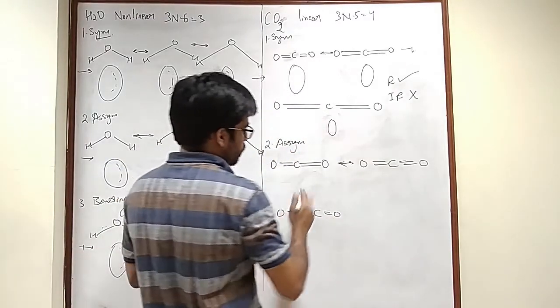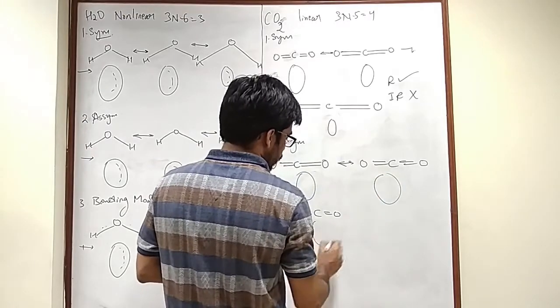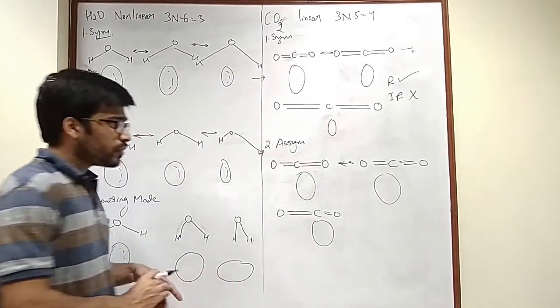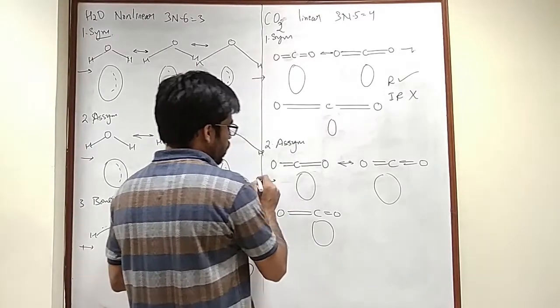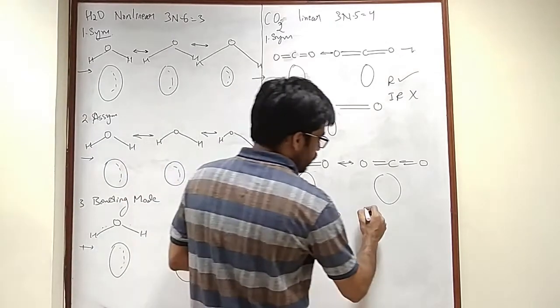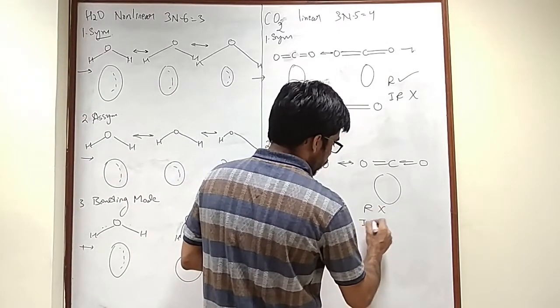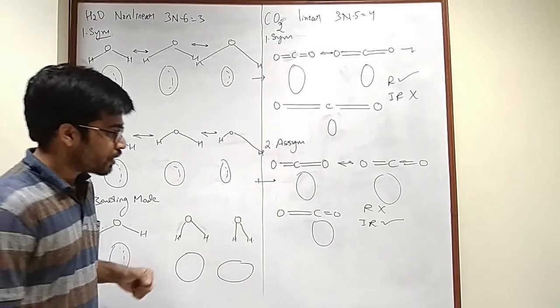So let's say the polarizability ellipsoid in this case is this. It remains the same. That is because there is no net change in polarizability along this direction, because of which this is Raman inactive, but we know this is IR active, the asymmetric stretch.